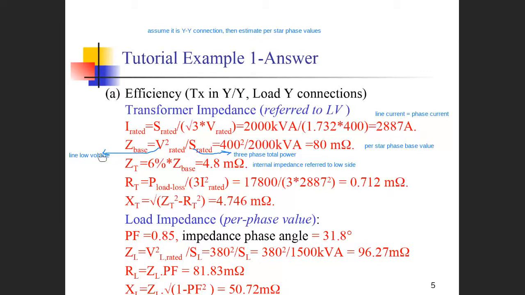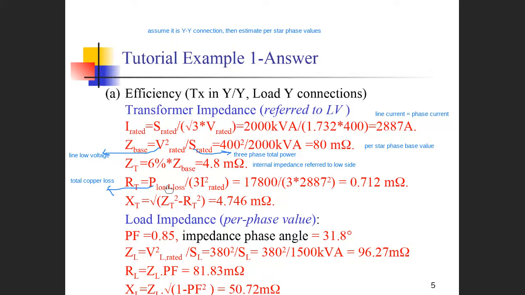This copper loss. This is base values. This is copper loss. So using the total copper loss, using the rated current, this is line current or phase current for star connection. So this is three-phase.